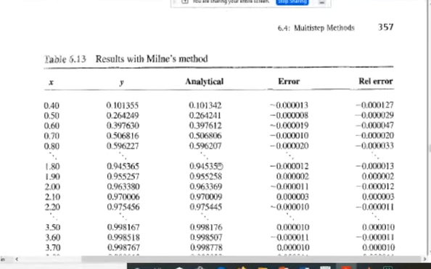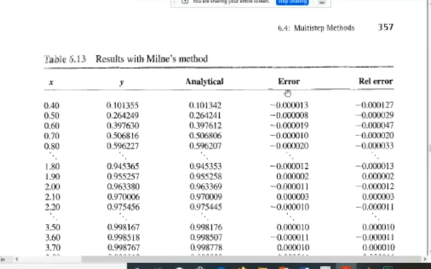So we need the values of y at 0, 0.1, 0.2, and 0.3 to find the value of y at 0.4. You can see the amount of error in the 4 columns of this table.